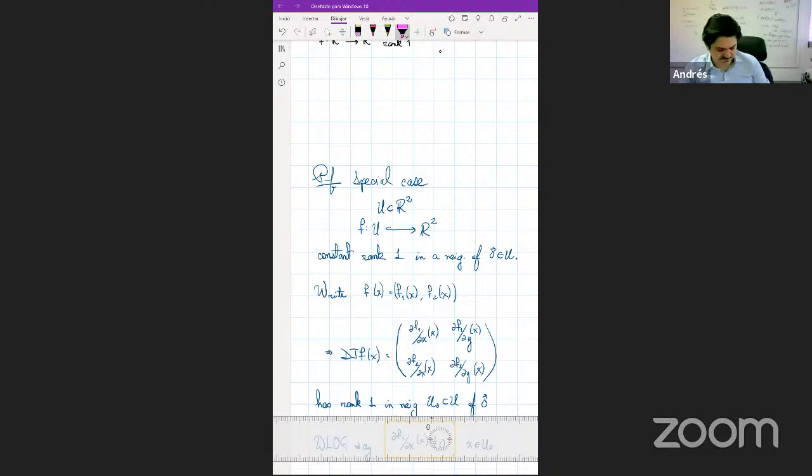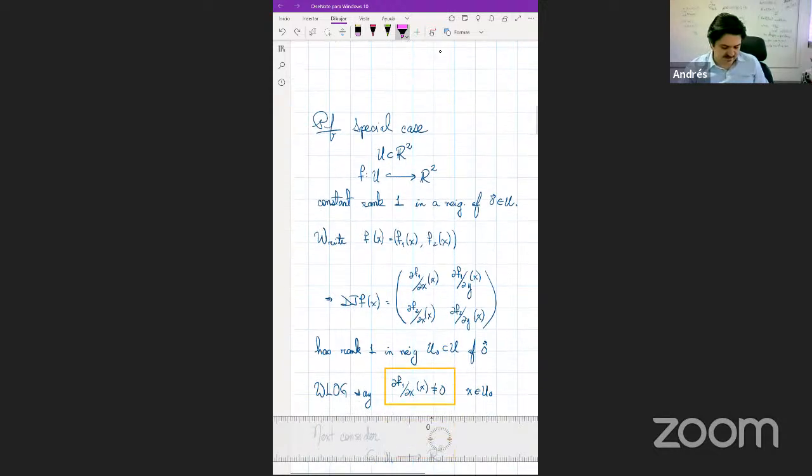So I'm going to assume that in a neighborhood of the point 0, this will never vanish. I know that at least one of them will not vanish because I have rank 1. So I will assume that it is the first one. It doesn't vanish in a neighborhood of 0, which I'm going to call U0.